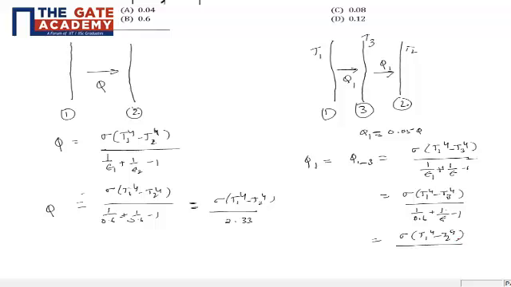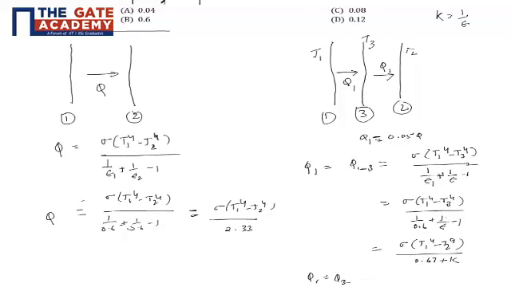So 1 by 0.6 minus 1 will come out to be 0.666, so 0.7, and 1 by epsilon I am calling K, where K is just 1 by epsilon, so I will find out K at the end. Now Q1 is also equal to Q32 from the diagram.